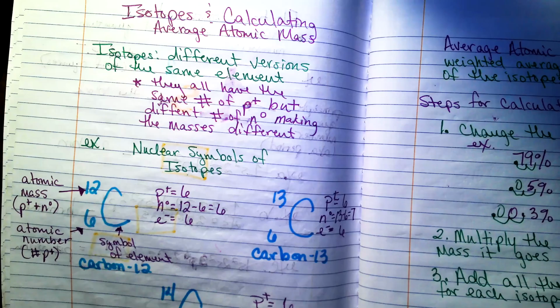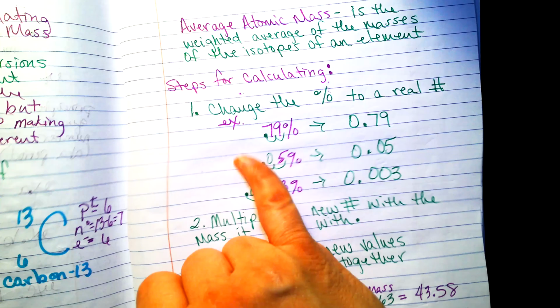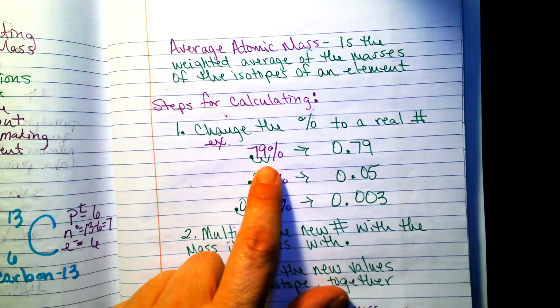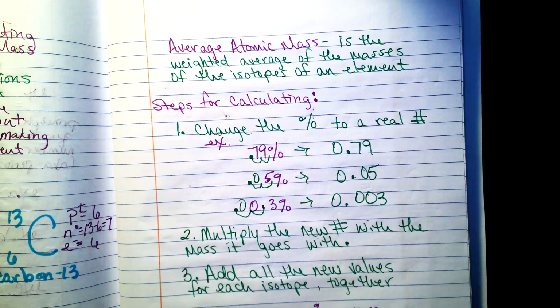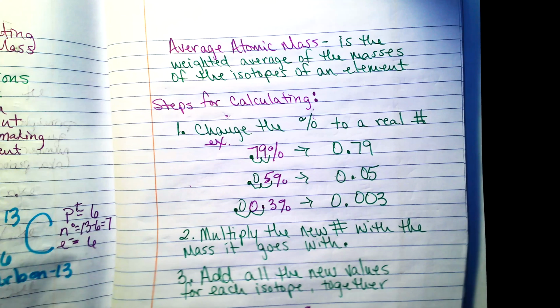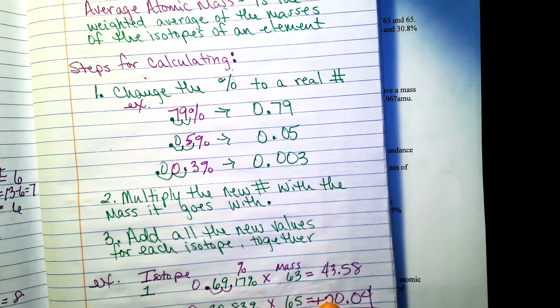It's around page 18 or so. So we have to first change the percent to a real number by moving the decimal to the left 2 times every single time. Then you multiply the new number with the mass that goes with it, with that isotope. Once you do that for every isotope, you simply are adding.